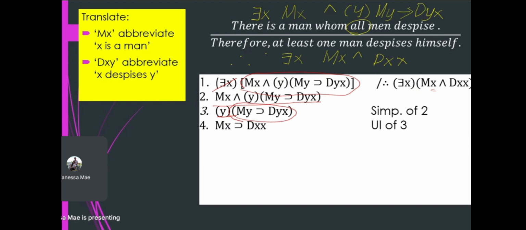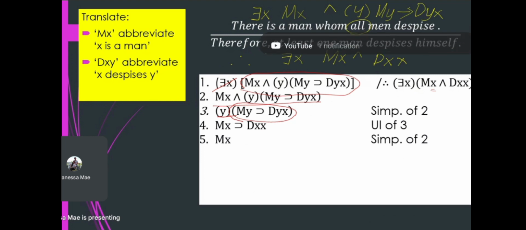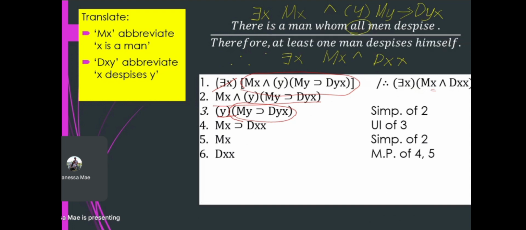So where can we possibly get mx? Recall that in number 2 there is an mx, right? Then we can do simplification again. Okay, so we obtain mx already. Since we affirm the premise of number 4, affirming it results in affirming our conclusion. So the reason for that is modus ponens of 4 and 5.